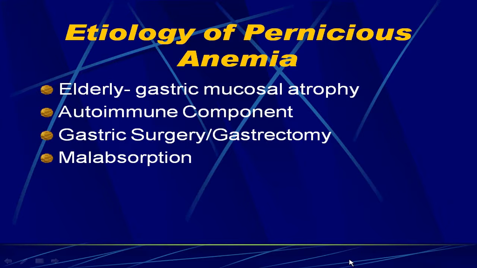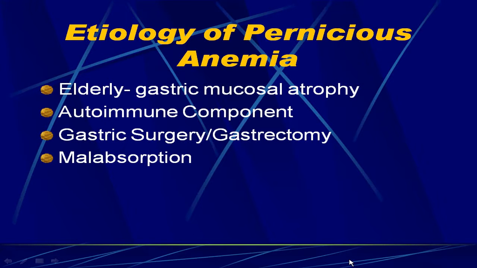And so when a muscle atrophies, a person can't use that muscle adequately because of the decrease in muscle size. And so when the gastric mucosa atrophies, then it becomes smaller and it can't perform its normal functions. There may also be an autoimmune component associated with pernicious anemia.